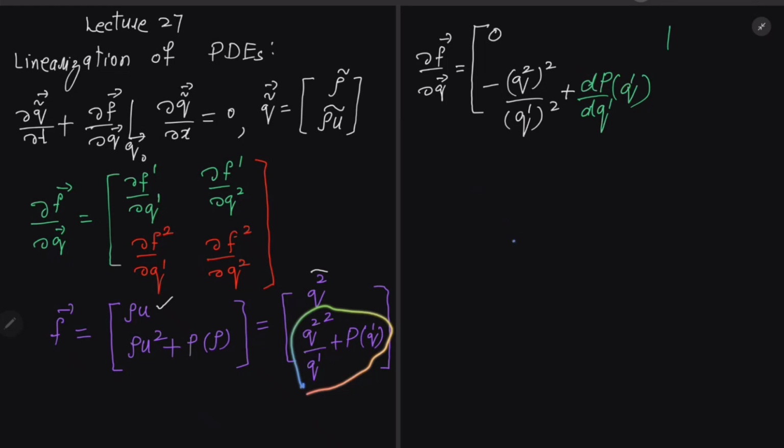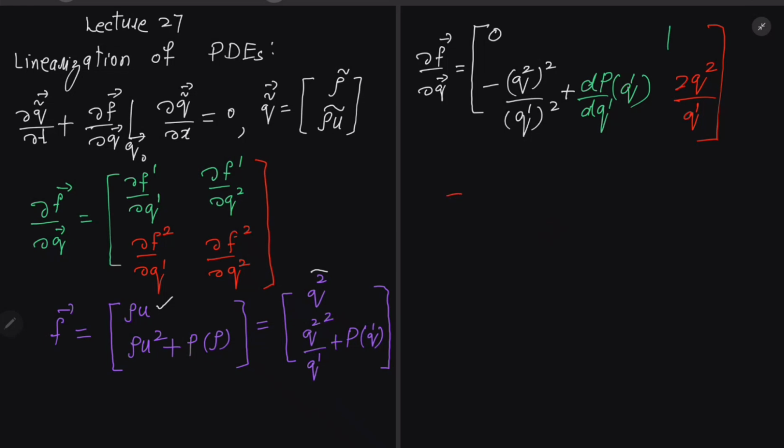So that will become 2q2, since q1 is a constant because we are taking the derivative with respect to q2, plus this quantity, which will be 0. So what we get is 2q2 divided by q1. That is the Jacobian matrix.